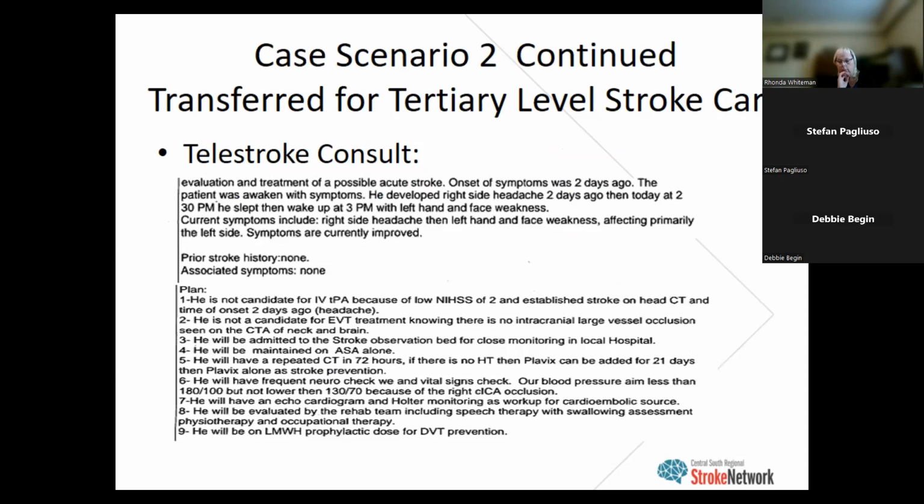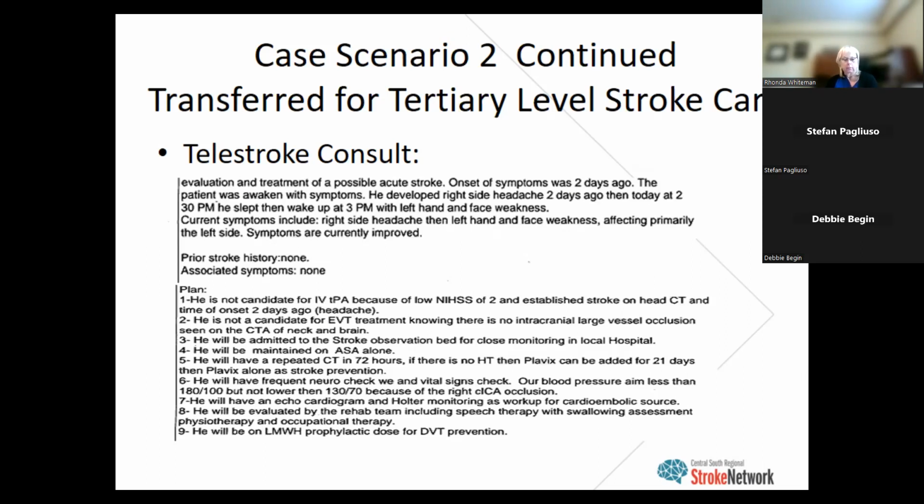The telestroke consult states that the onset of symptoms was 2 days ago, December the 26th, where the patient awoke with symptoms, which was a headache, and again states 2 days ago. Experienced left hand and face weakness today at 14:30 on waking up. Symptoms are currently improved.